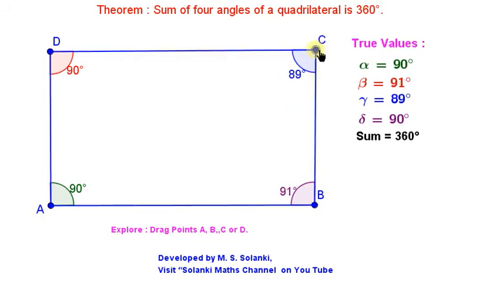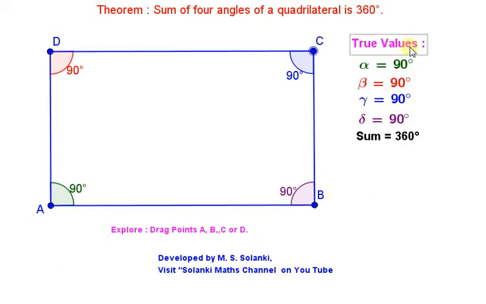Now you see all the four angles are equal to 90 degrees, so it is a rectangle. A rectangle is a quadrilateral, and the sum of all four angles is equal to 360 degrees.